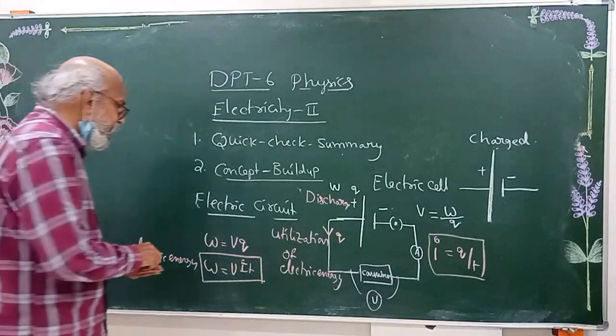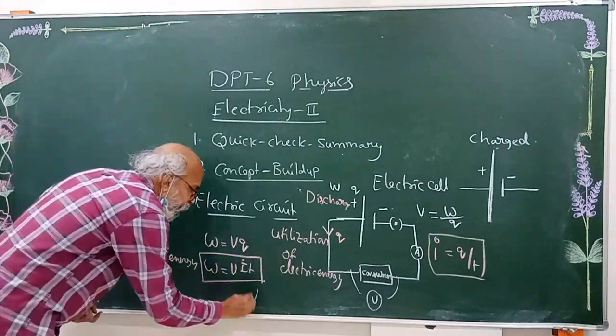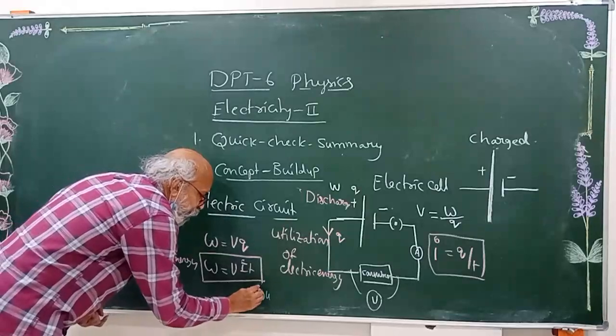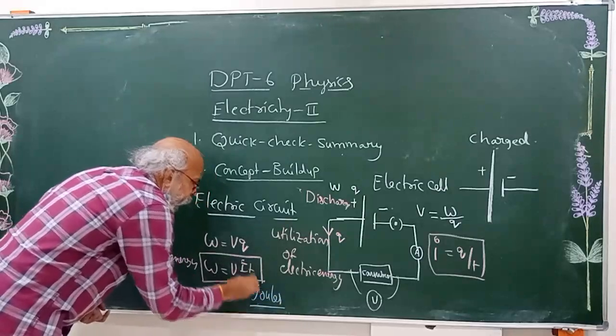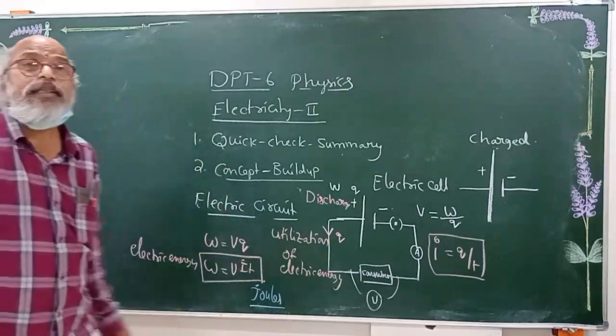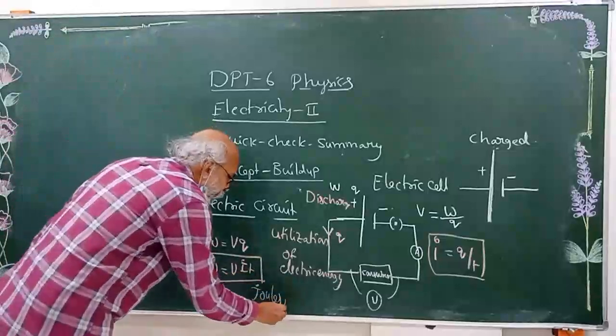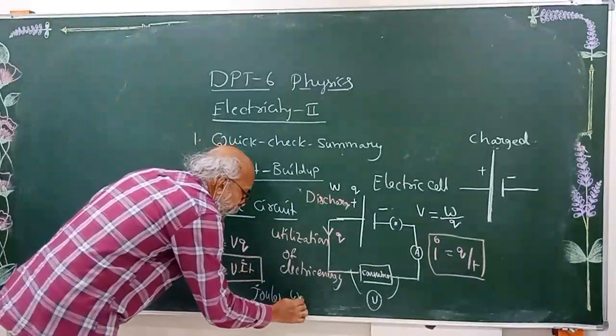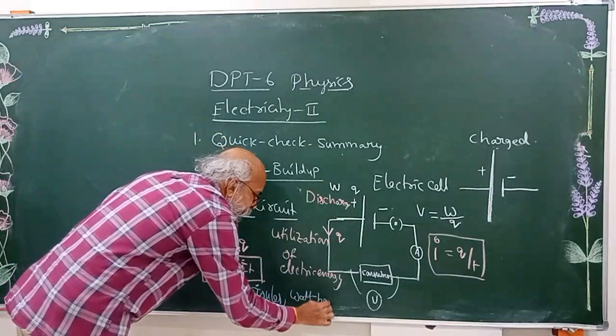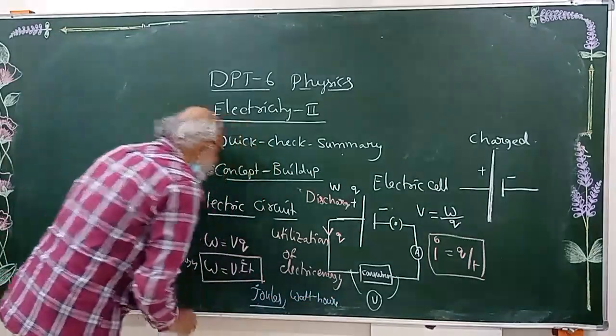It can be expressed in joules. Electric energy is expressed in joules, or it can be taken in the other form, watt hours or kilowatt hours.